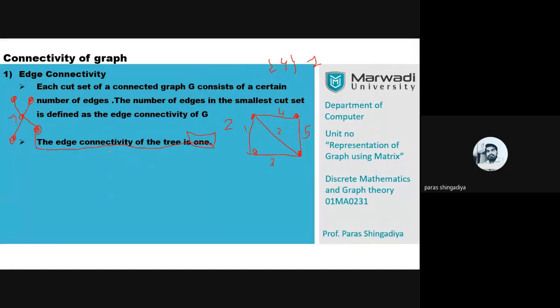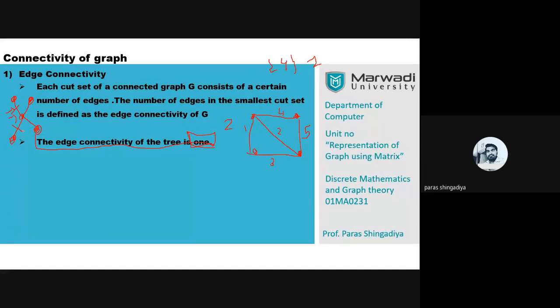You have to identify an edge, not a vertex. If I delete this one, the graph is disconnected. If I delete this one, the graph becomes disconnected. So for any tree, the edge connectivity is 1.